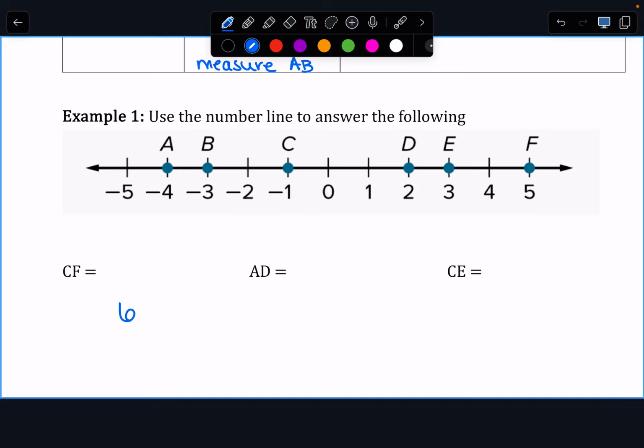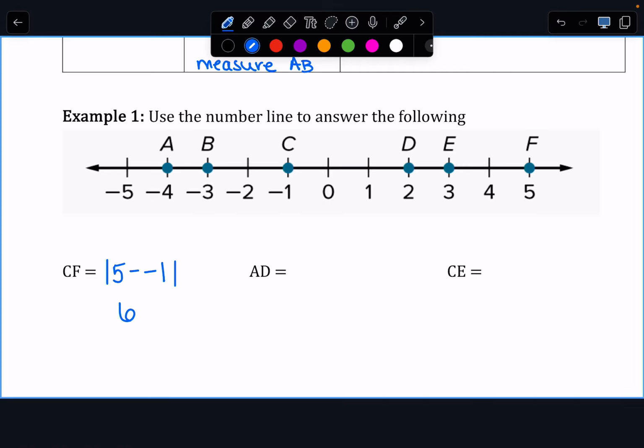Subtracting the higher number by the lower number. Distance is going to be the endpoint on the right minus the endpoint on the left.